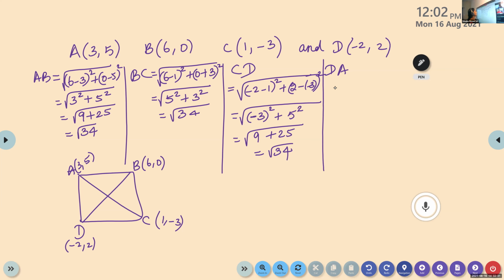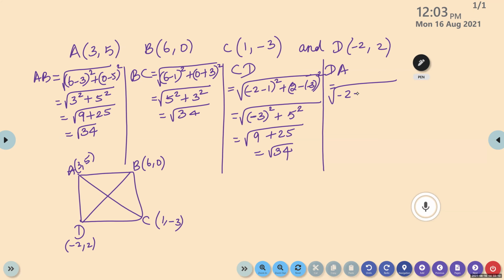Adil, what is DA? Root of (-2 minus 1) whole square.